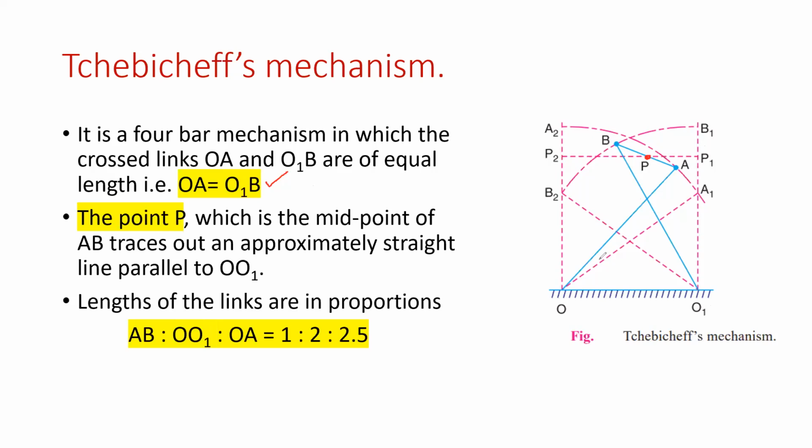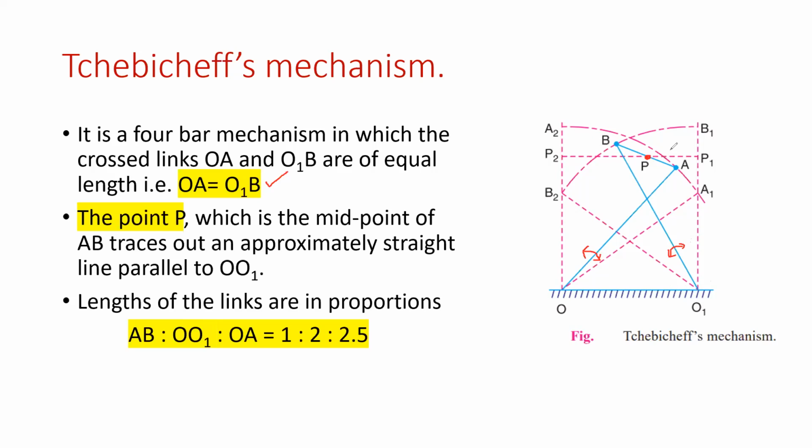Okay, so what will happen when you give angular displacement to any one link? This link will oscillate about point O like this, and link O1B will oscillate about point O1 like this.